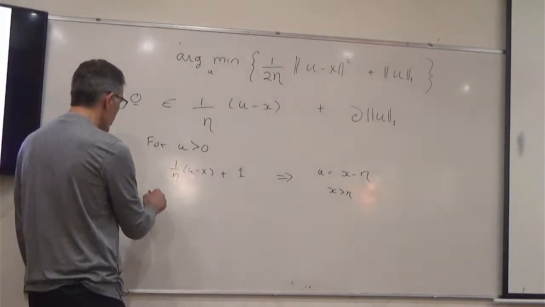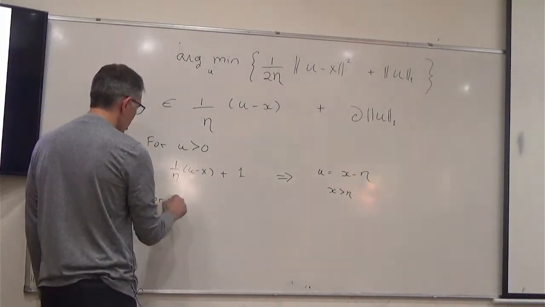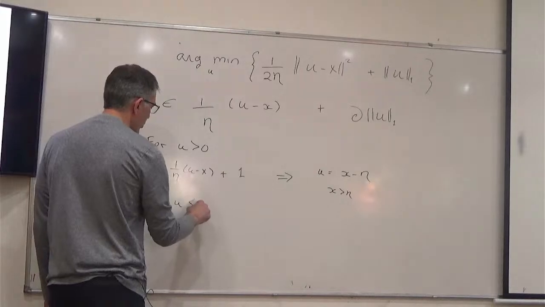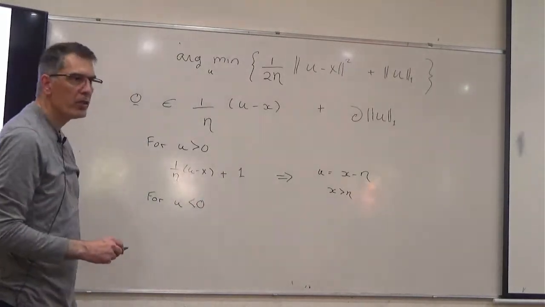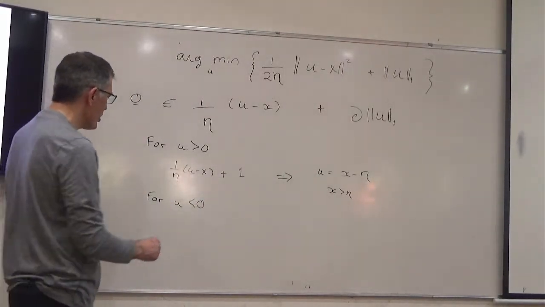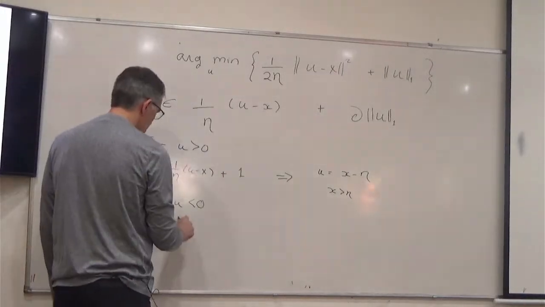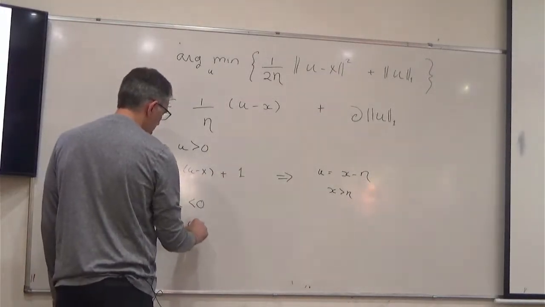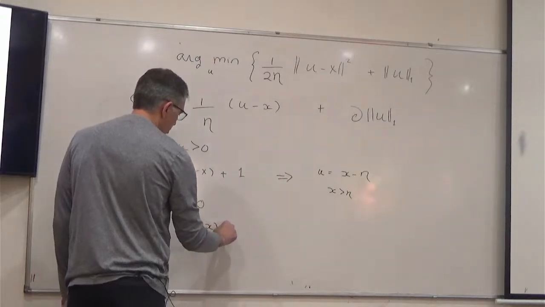The other part is equally easy, which is the one where u is less than 0. So in this case, if I translate this equation when u is less than 0, I'm going to get a minus 1.